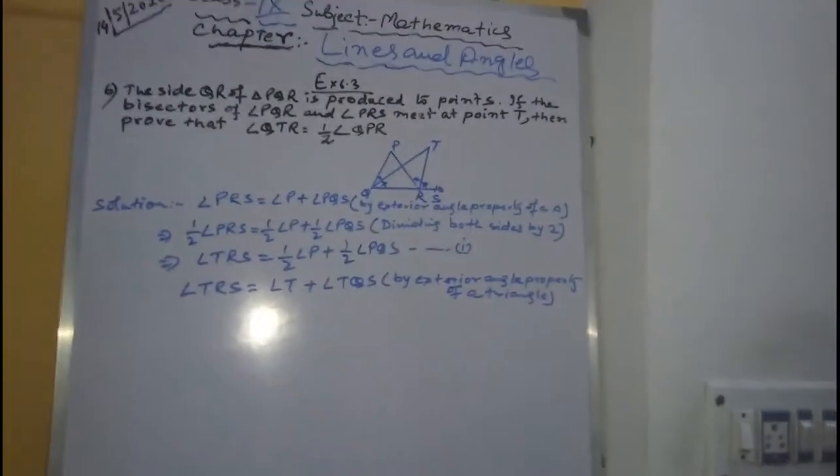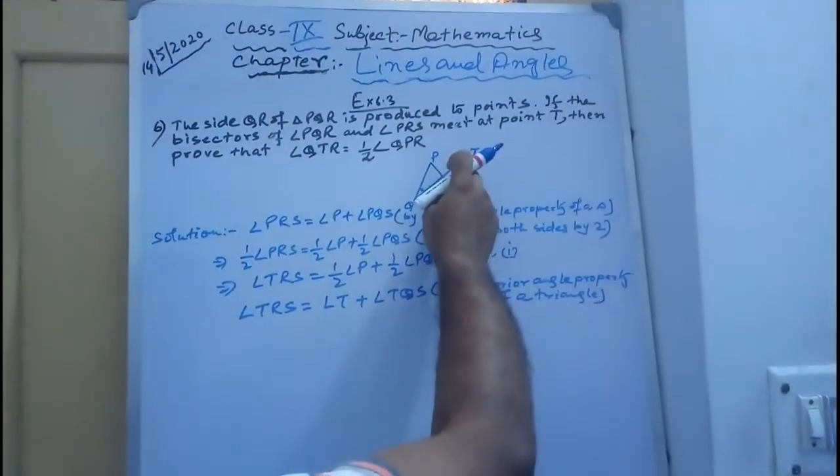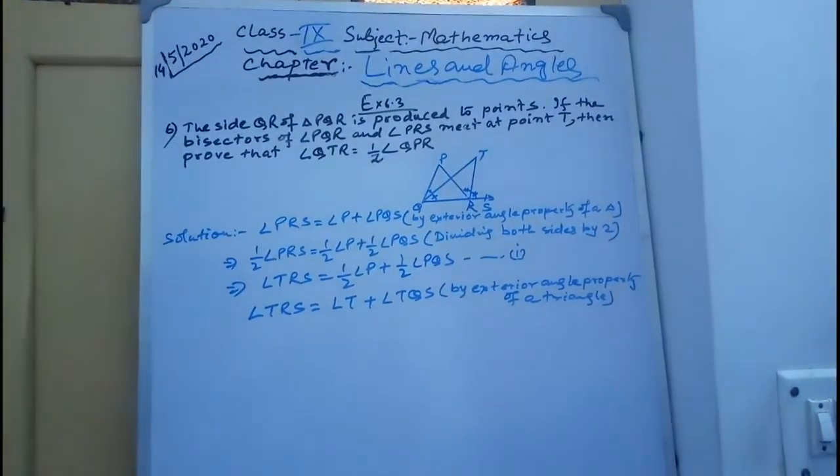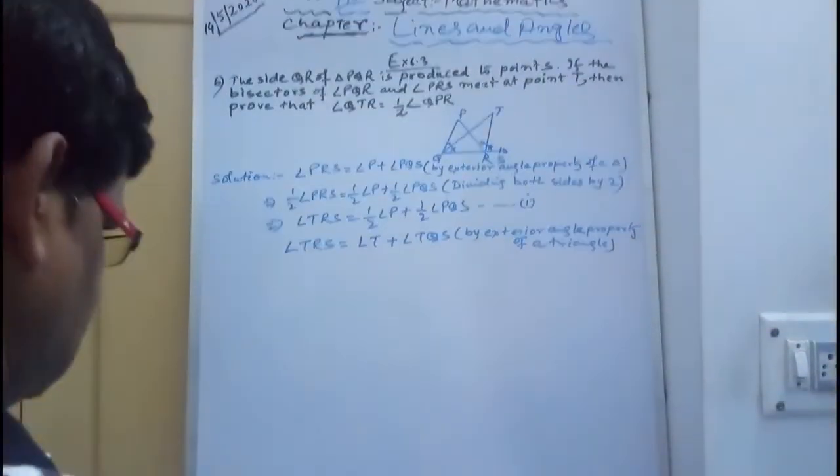TRS, that is the exterior angle, is equal to the sum of the interior opposite angles, that is angle T and angle TQS.